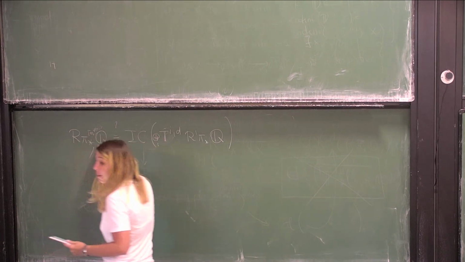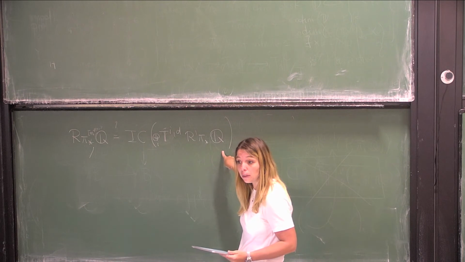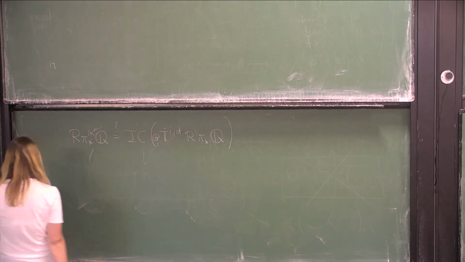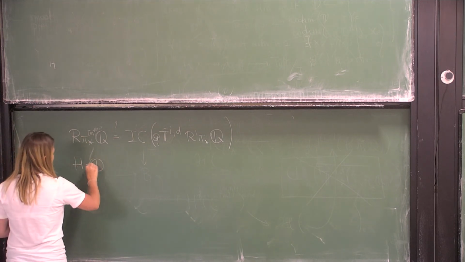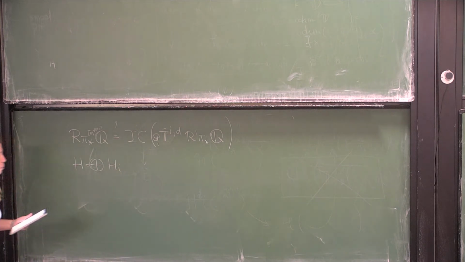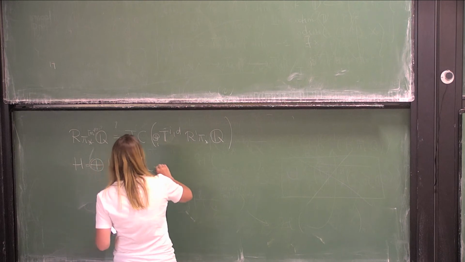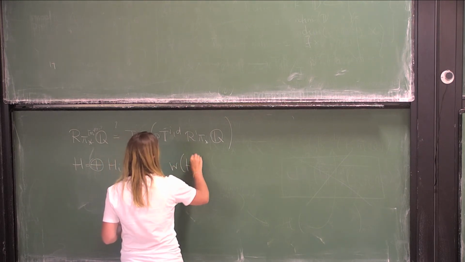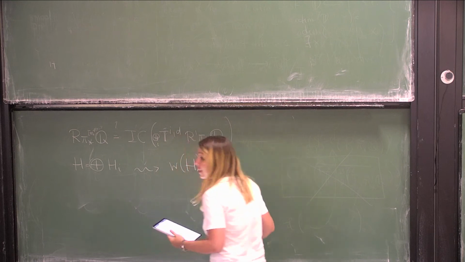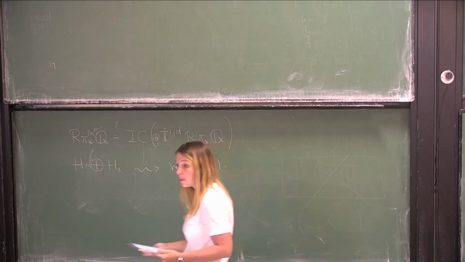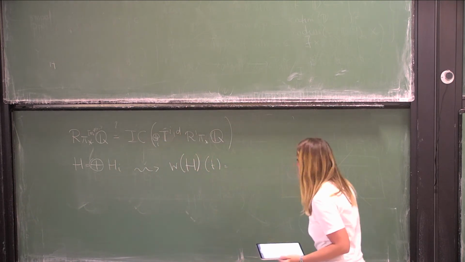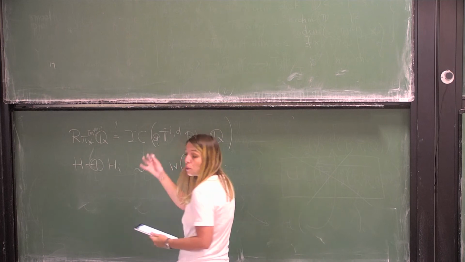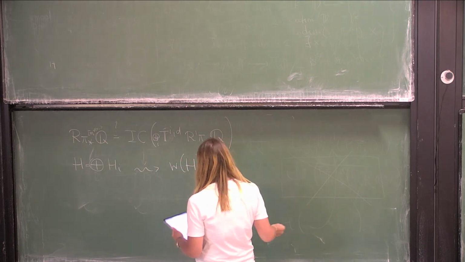So both of these summands actually carry a mixed Hodge structure. And whenever you have a mixed structure, let me call it H, which is the sum over some H^i, you can define the so-called weight polynomial, which is a polynomial in the variable t. Having a mixed structure means that you have an increasing filtration on your vector spaces, whose graded pieces admit a Hodge decomposition.